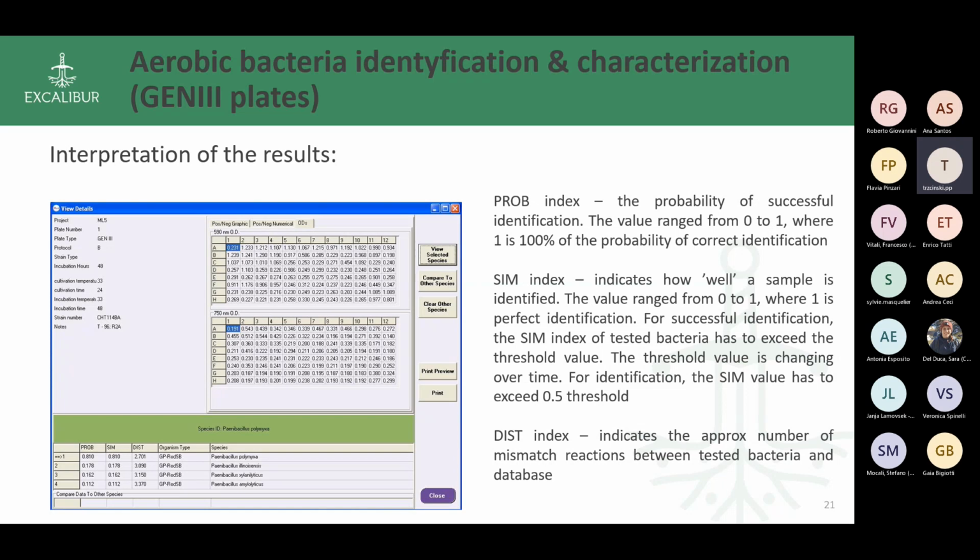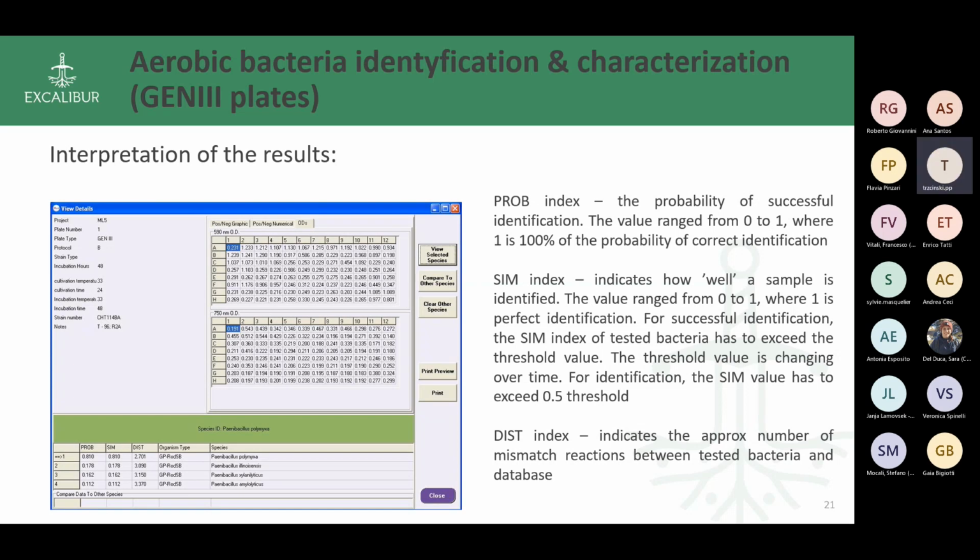And this index is mainly used to inform the reader or somebody that, okay, I identified this isolate, and for example, with 81%, this is Bacillus polymixa.